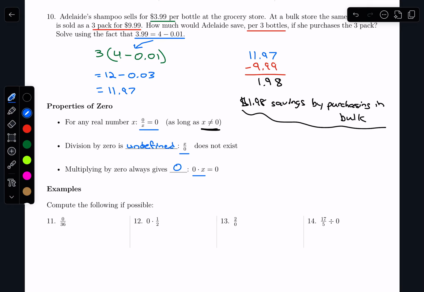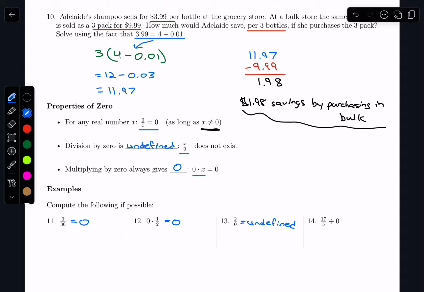So quick examples here. If we have 0 over 36, like number 11, that is just 0, because you're taking 0 objects, splitting into 36 groups. There is 0 in each group. Number 12, 0 times 1/2 is 0, because we're multiplying by 0. Number 13, 2 over 0 is undefined because we cannot divide by 0.